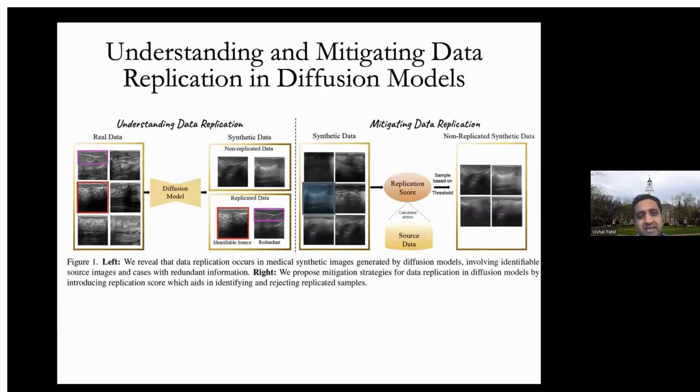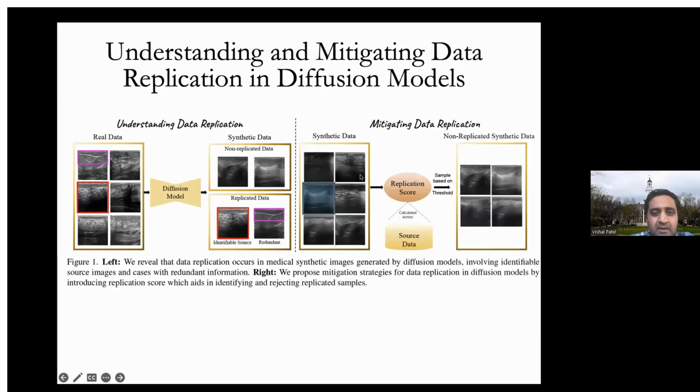So to study that in the context of medical imaging, we did a very thorough evaluation and study of a variety of different modalities for medical imaging applications. We took these diffusion models, and here is an example where we characterized what we mean by data replication when it comes to medical imaging.